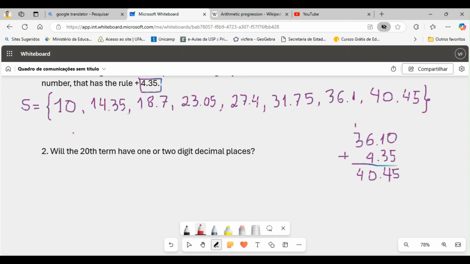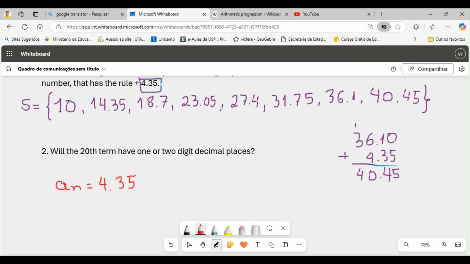So in order to do that, we can start with this following observation. We have the constant of 4.35, and that will be, if I write that down, an equals.